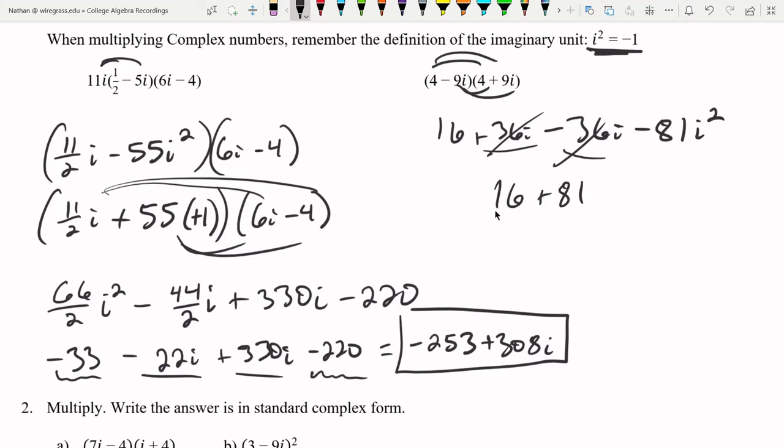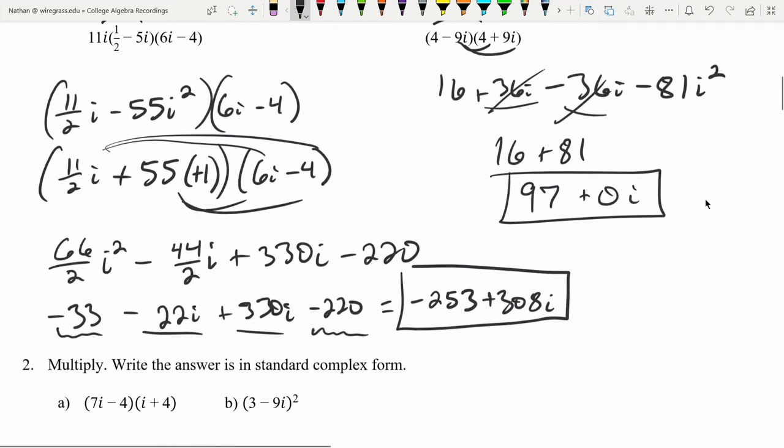And we get 16 plus 81, which is 97. Of course, this is 97 plus 0i, so that's standard complex form. But you can see here we multiplied two complex numbers and we got just a real number from it. Give it a try in number 2.